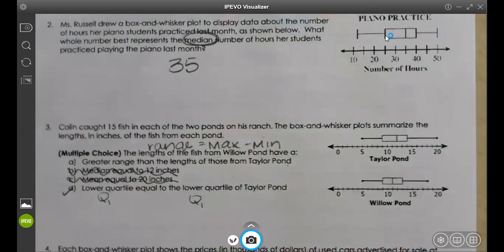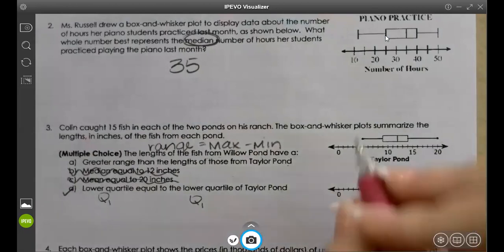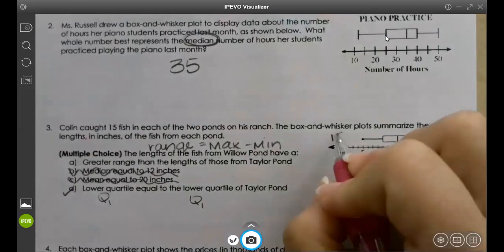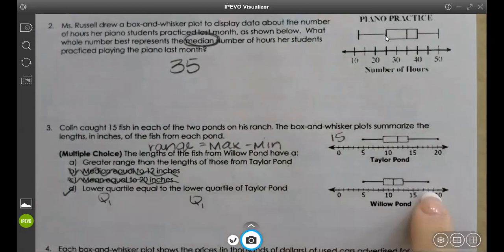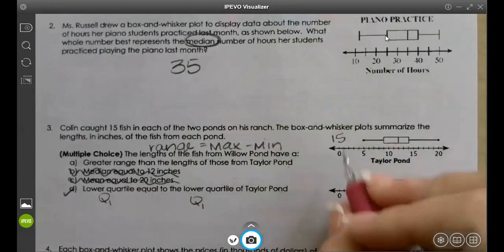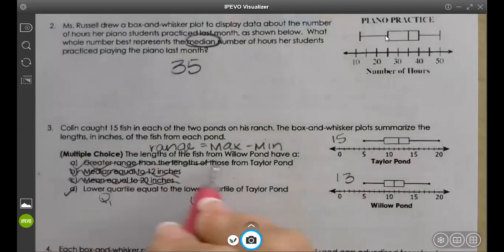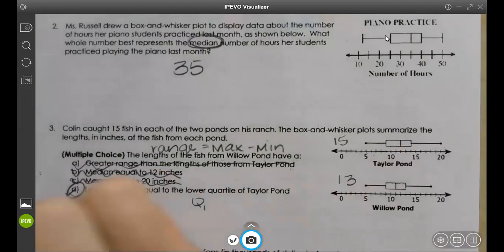Okay, so this one was 20 minus 5, or what? What's 20 minus 5? 15. This one was 18 minus 5, which is 13. Did Willow have a greater range than Taylor? No, Taylor had the greater range. That's why this one's gone. So it has to be D.